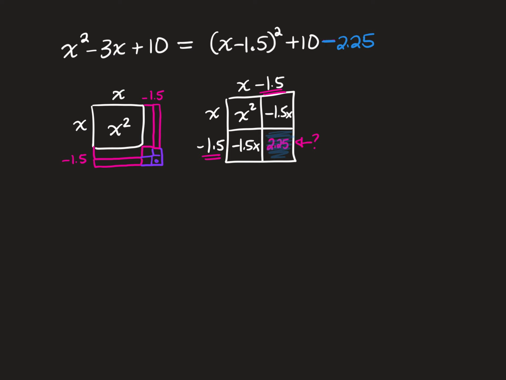Now, when I simplify that expression, that's when I'm going to get my graphing form of my quadratic. So I have 10 minus 2.25 is going to be 7.25. And I can visually understand that I started out with 10 tiles and I rewrote my expression as x minus 1.5 squared. The problem is that only has 2.25 tiles in it, so I actually still have to add on the 7.25 tiles to get to 10.